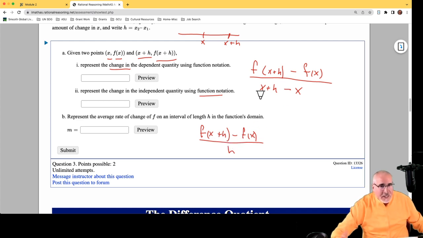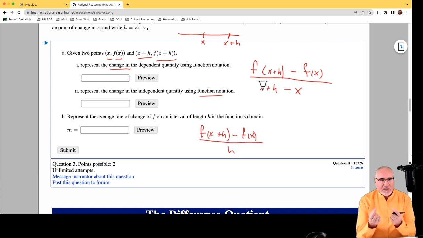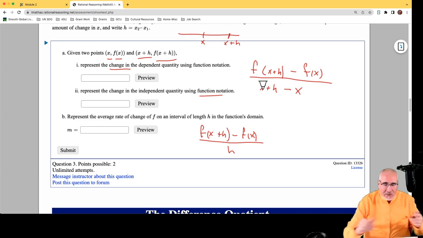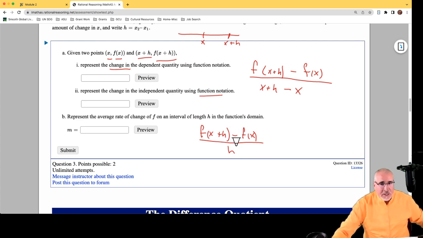You just have this distance h, which, at some distant point next semester, we're going to get another technique, called the limit, that allows us to let h actually go to 0, and then we'll get the rate of change at a point. Today, in this class, we're working on the concepts and the skills needed to do that.